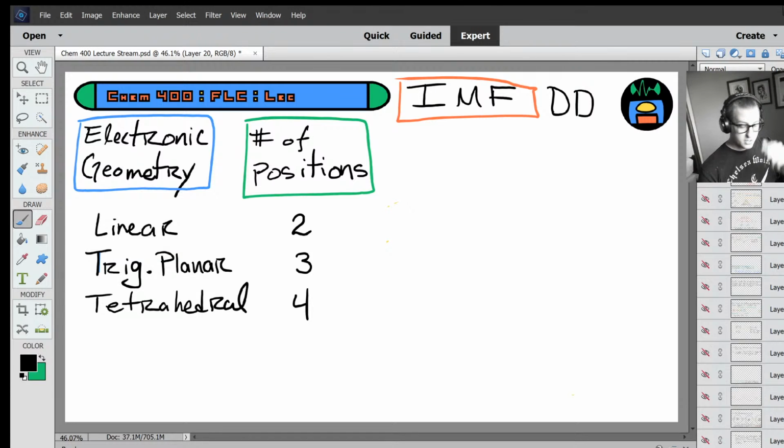Now, let's take a look at a tetrahedral molecule. So for example, I'm going to throw a couple tetrahedrons out here.